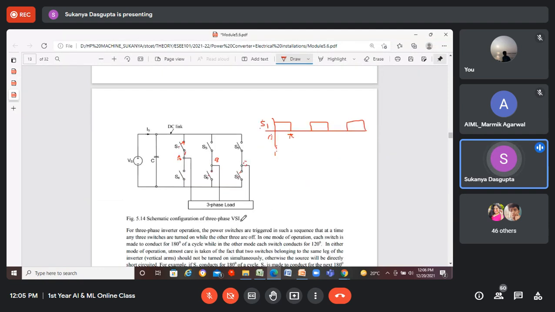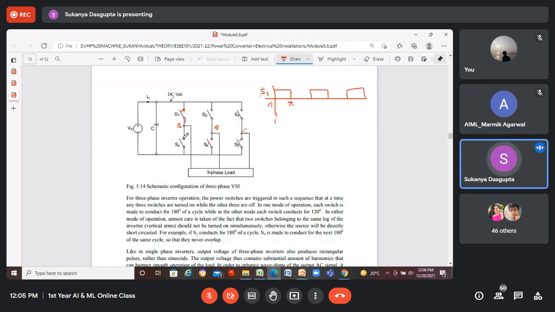Follow this circuit, then you'll be able to understand clearly. But only for 0 to 60 degree, current is passing through this switch 1, load, 6 is working, and through phase C, 5 will be working.